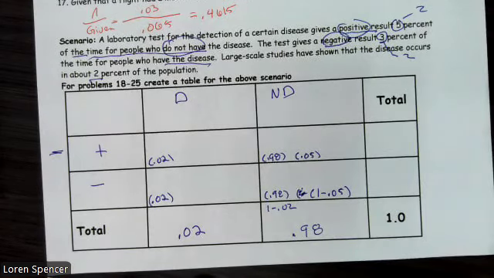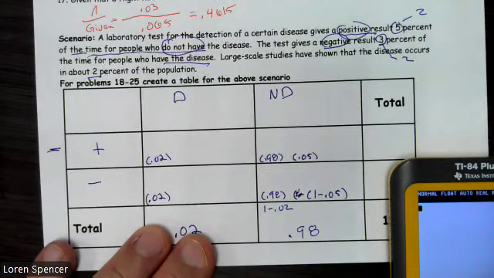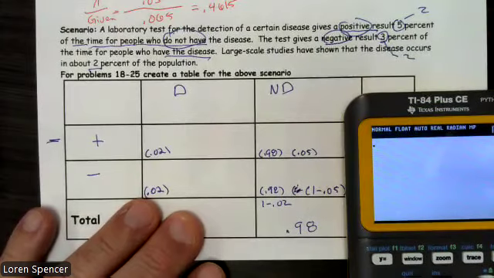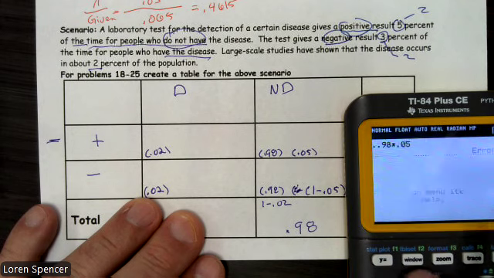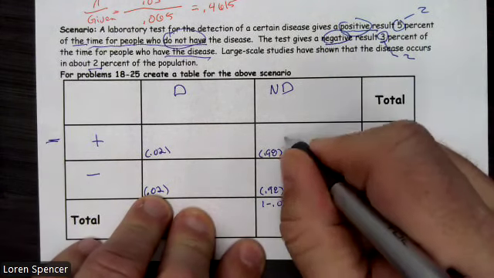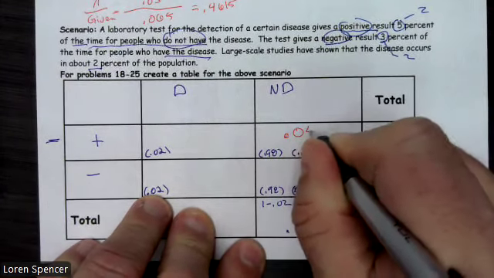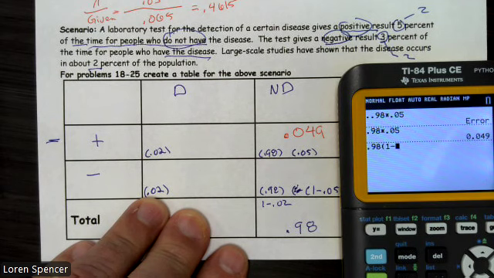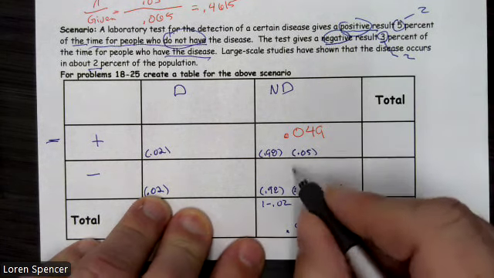So let's go ahead and multiply those out. 0.98 times 0.05 is 0.049. And then we're going to do 0.98 times (1 minus 0.05), and we get 0.931.